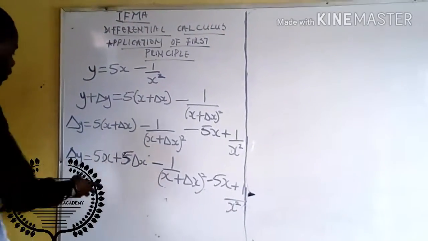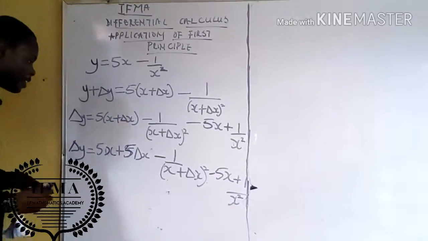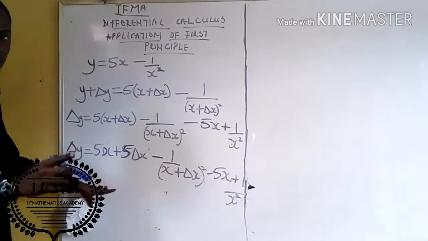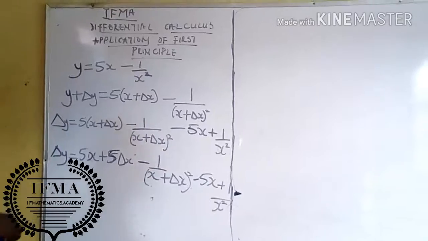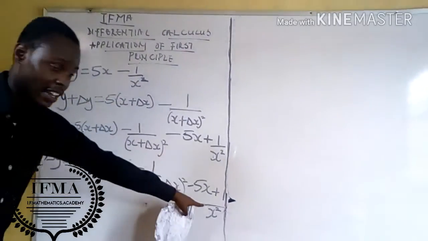So now we have expanded our equation, and if we look at this critically as mathematicians, we see that 5x cancels out 5x.